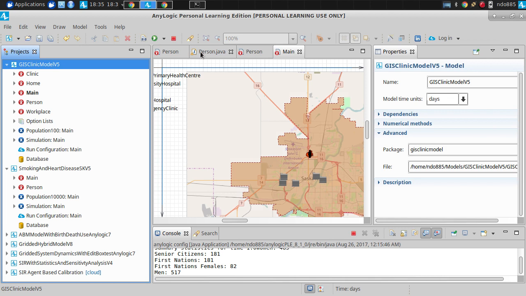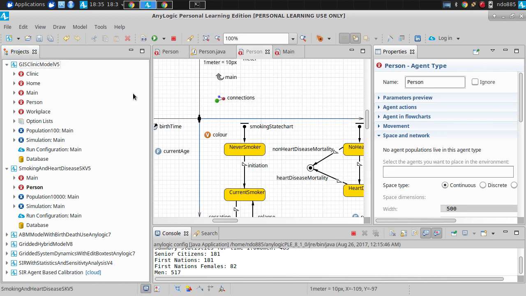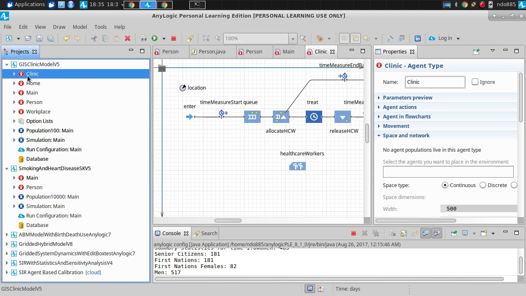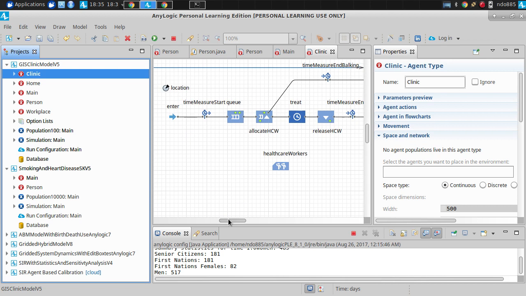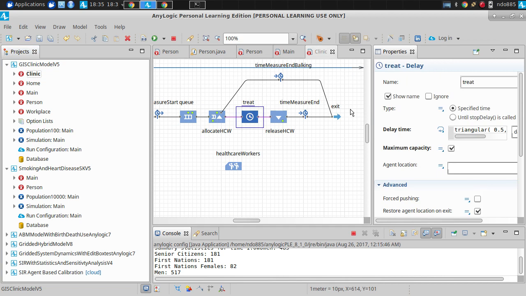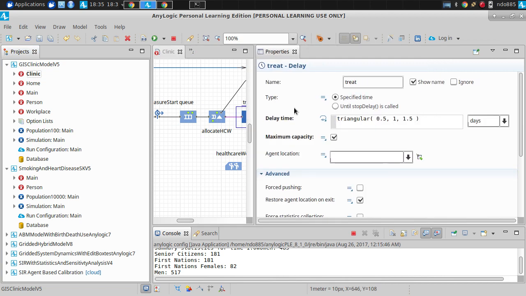So it turns out that if we went to the clinic here, let's take a look at the treat block. So here they treated the agent.